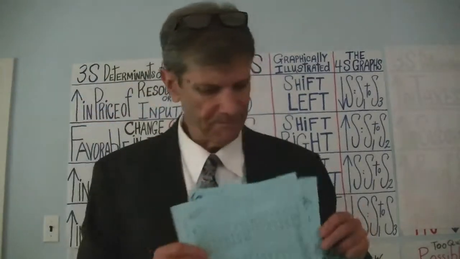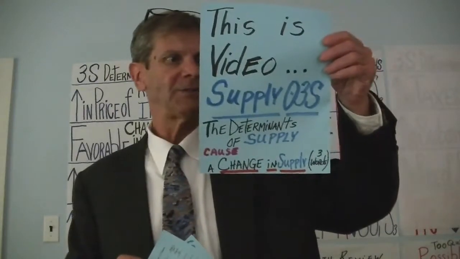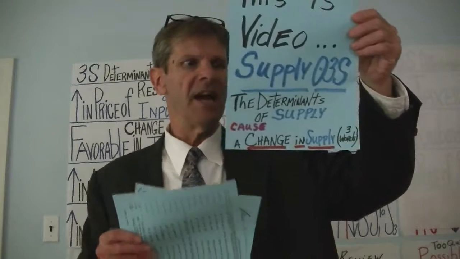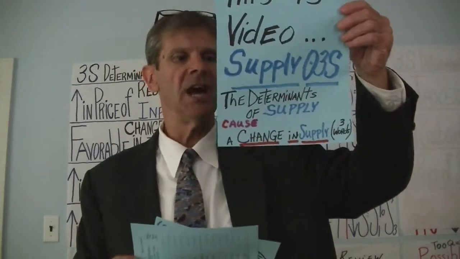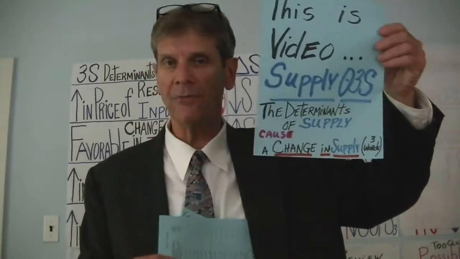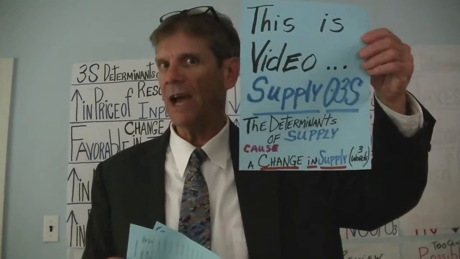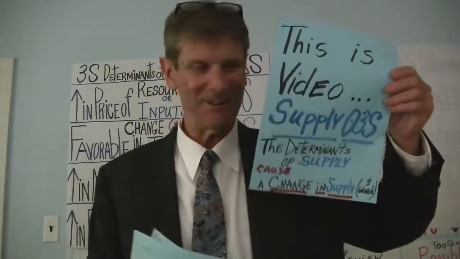So this is video supply 3S, and the zeros in there, I'll tell you later. It deals with the determinants of supply, and when they change, they cause a change in supply, the three-word phrase. And then a change in supply is graphically illustrated by shifting the entire supply curve. That's coming up in 4S, okay?